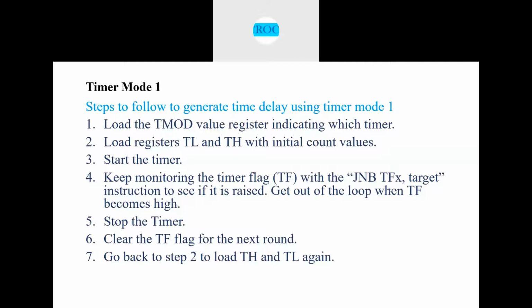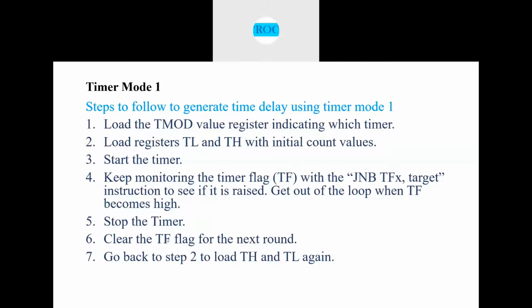And the timer flag will be set when the timer has reached its maximum count value, that is FF, and rolls over. Now the TF flag will be set there.